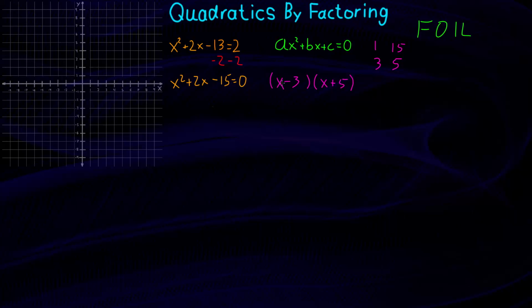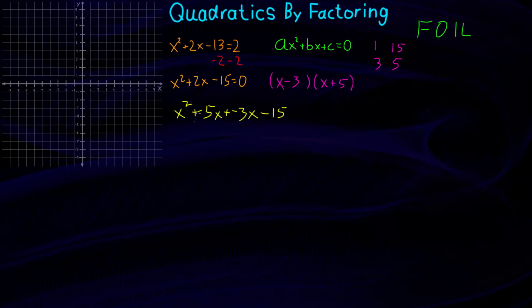We've got first, x times x, that's x squared, plus outside, that's 5x, plus inside, negative 3 times x, that's negative 3x, and then last is negative 3 and 5, so that's minus 15.